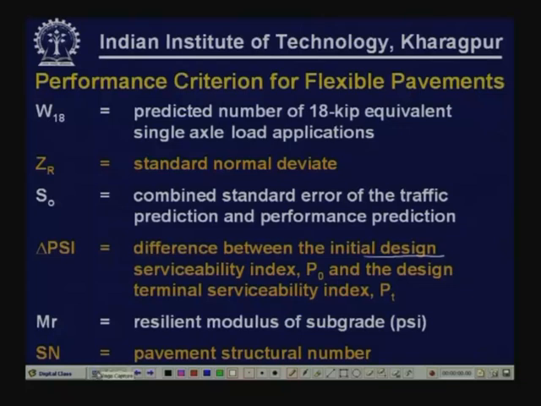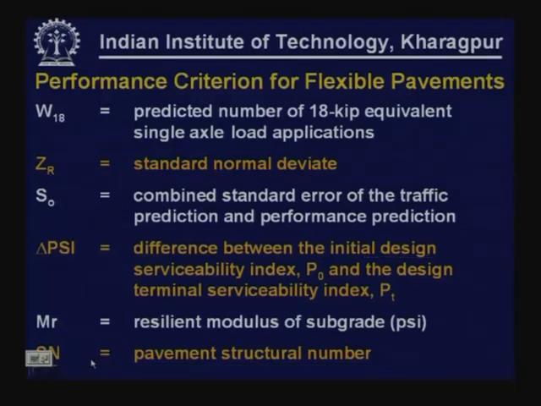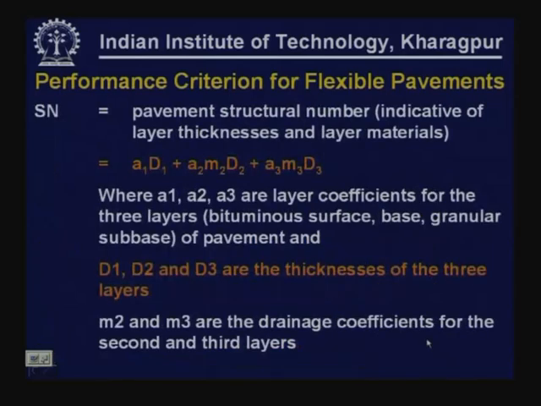Similarly, the other parameters that were used in the performance equation are MR, which is the resilient modulus value of the subgrade, and the structural number, SN, which is the pavement structural number. SN, as I mentioned earlier, is a single index that indicates the strength of the pavement.